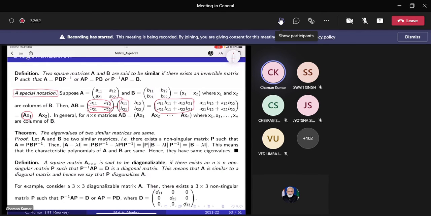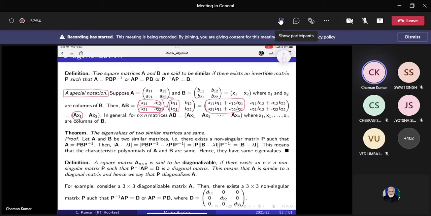So you get these two elements in the column vector. And similarly, the second column of the product can be written as A into x2. Okay, so this notation we are going to use in our subsequent calculations.